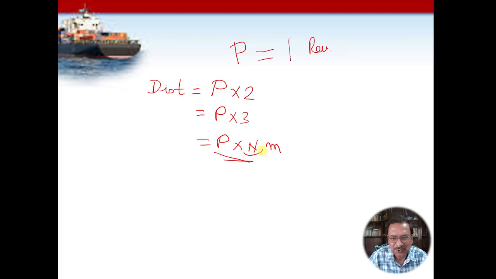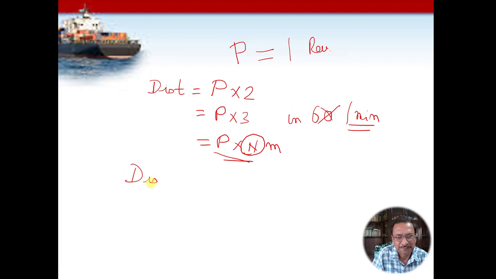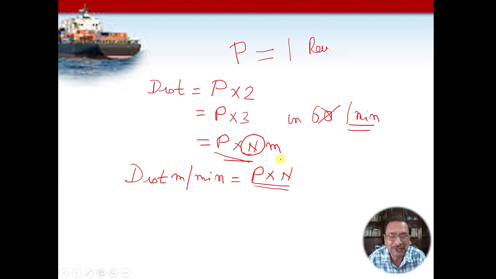Now suppose this rotation is made in 60 seconds, that is 1 minute, revolutions per minute. Then the distance moved in meters per minute would be P into N. This would be the distance that the propeller and the ship would move in 1 minute, provided the propeller is working in an unyielding medium.